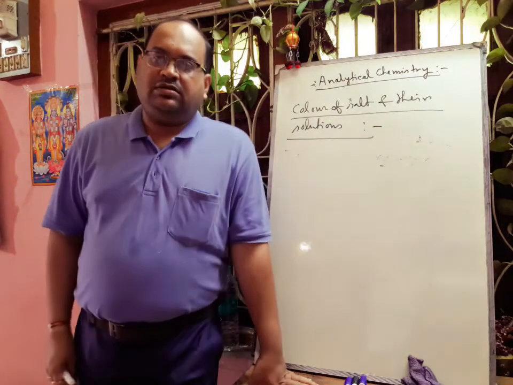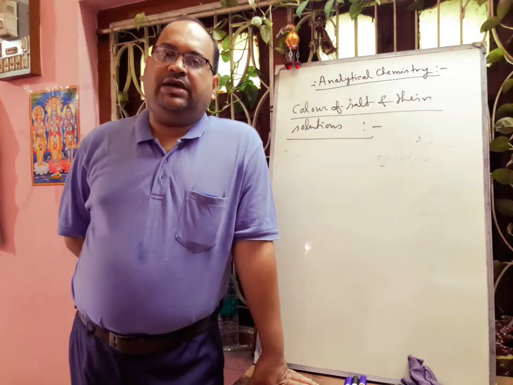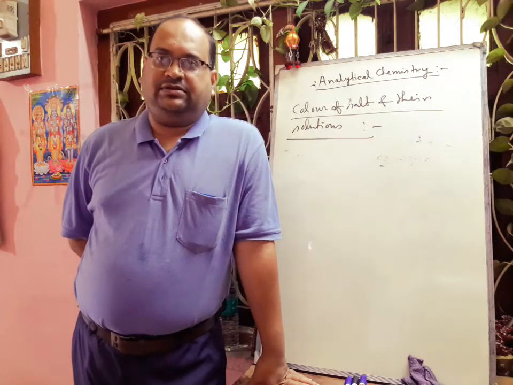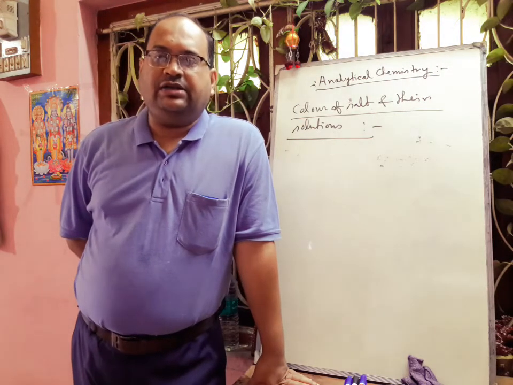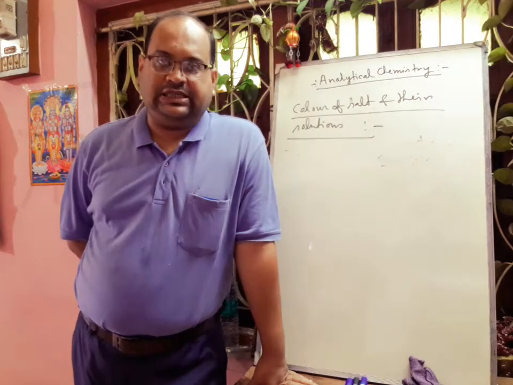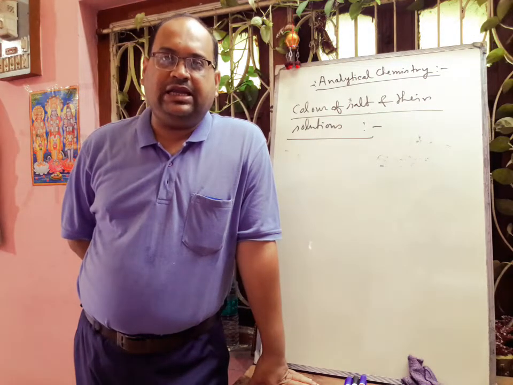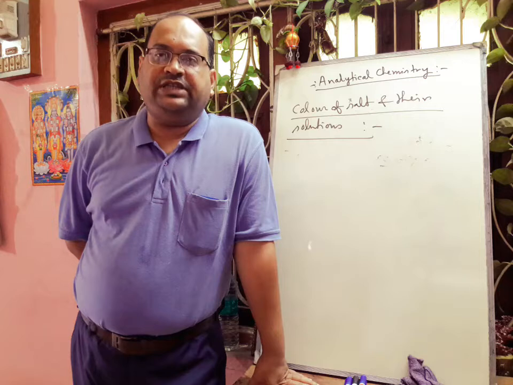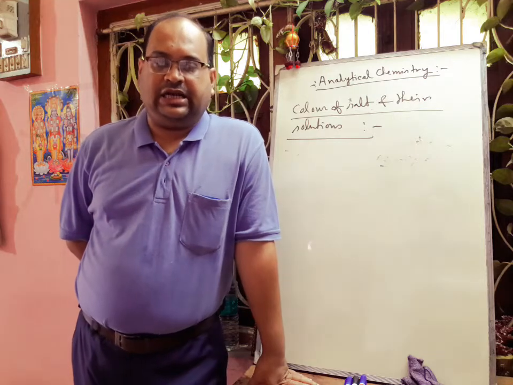Now a salt may be colored or colorless or white. Generally group 1, 2 and 13 to 17 element salts are colorless, and the transition metal elements from group 3 to 12 are generally colored.